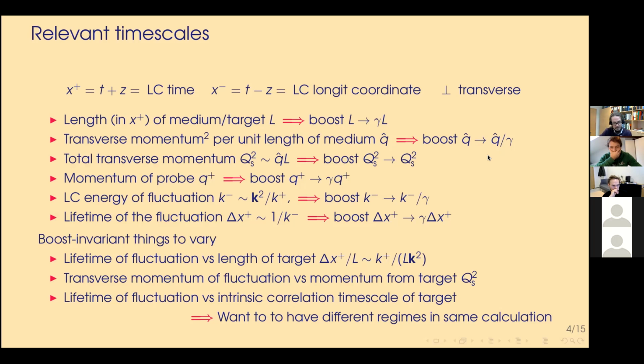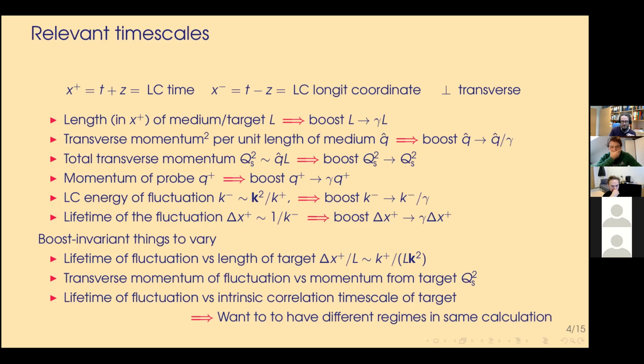On the other hand, one thing that is boost invariant is the total transverse momentum you accumulate when you go through a medium of certain size in x plus. This is denoted by Q_s squared, the saturation scale squared. Saturation again refers to high energy scattering. If you have a finite target and a very high energy, the only thing that matters is this accumulated transverse momentum.